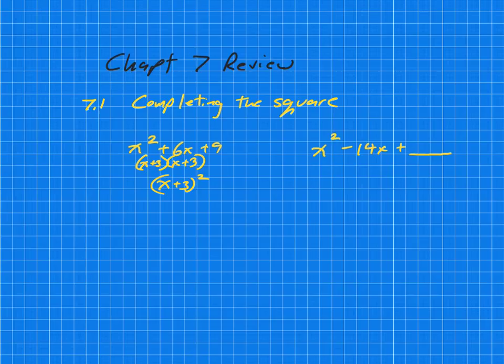To do this, we take the middle term, the 14, and divide it by 2, in this case to get -7, and then we'll square it. And this becomes the number that goes over here. Again, if you wanted to try to factor it, you're going to get x minus 7 times x minus 7, or x minus 7 squared.